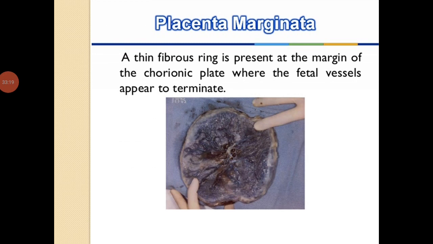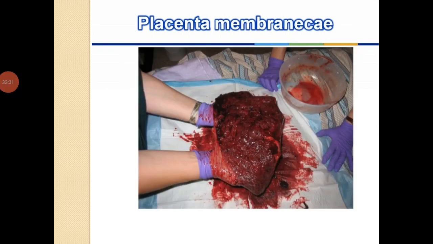Then placenta marginata, where a thick ring will form on the margins of the placenta. Next, placenta membranacea, where the membranes of the placenta will be retained inside the uterus.